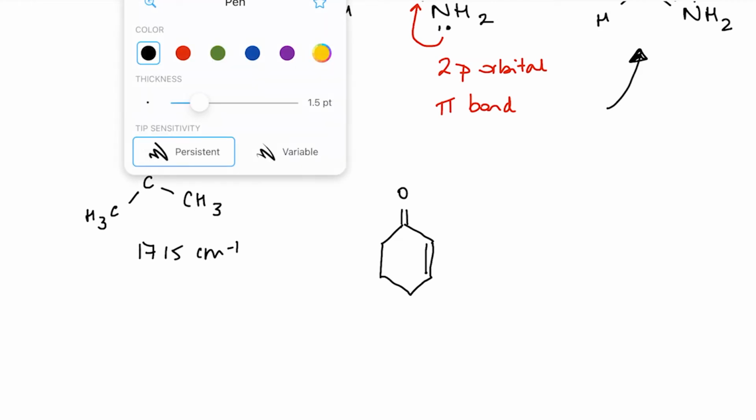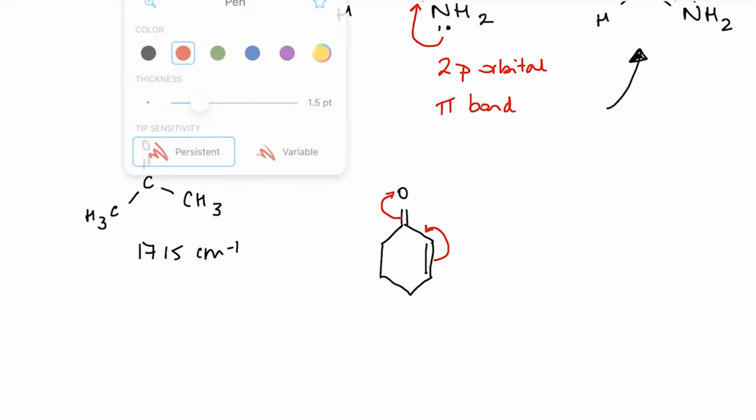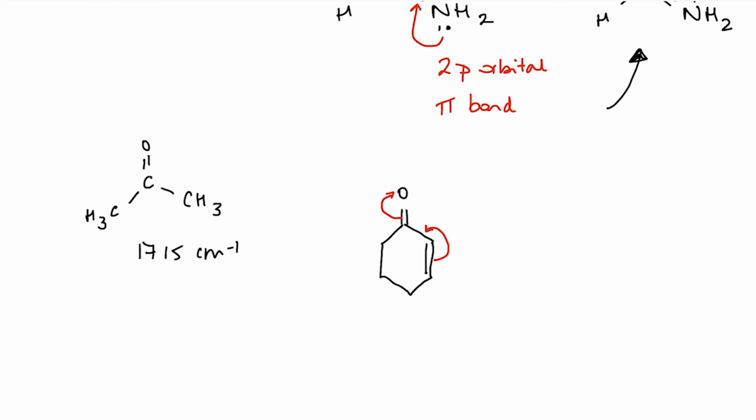This too can exist as two resonance forms, in that we can have electrons from the double bond move onto the oxygen, and the result is this resonant form.